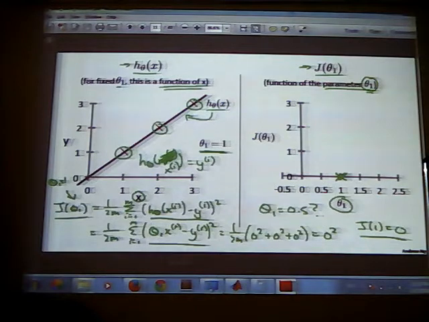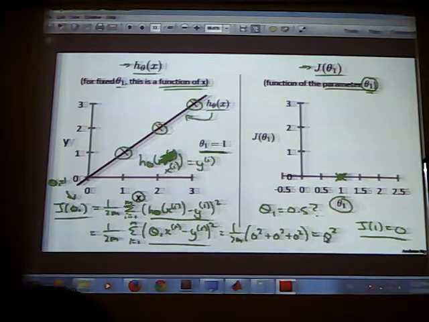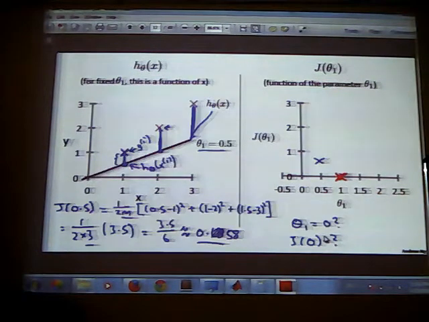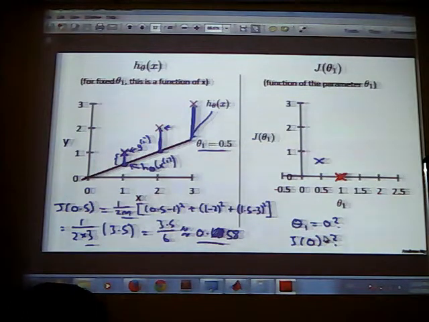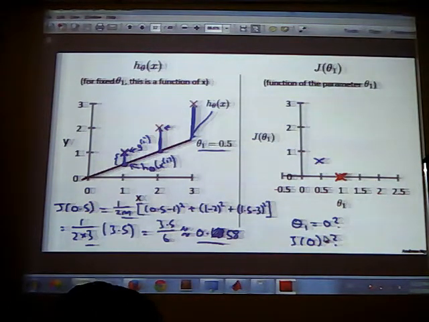Theta 0 is 0, so for h of x1 the predicted value will be 0.5 multiplied by 1, minus 1, and the square of that, plus, because we are doing a summation, the same for the next value.